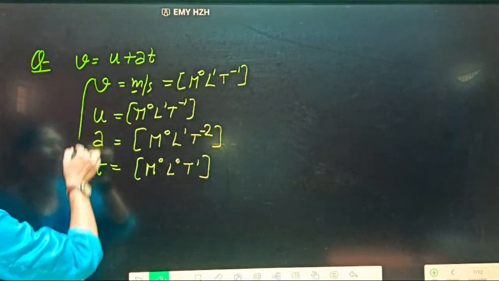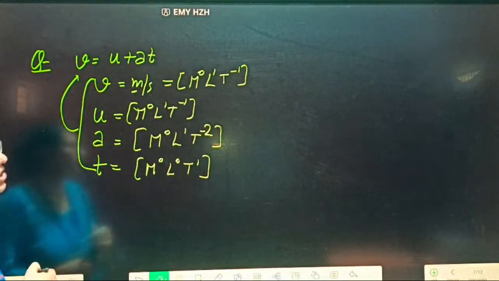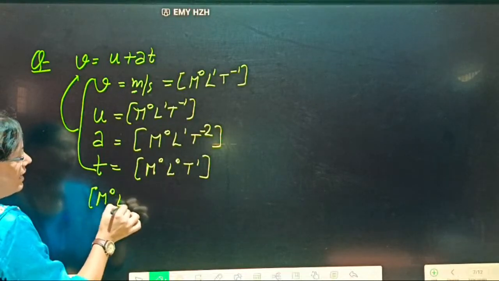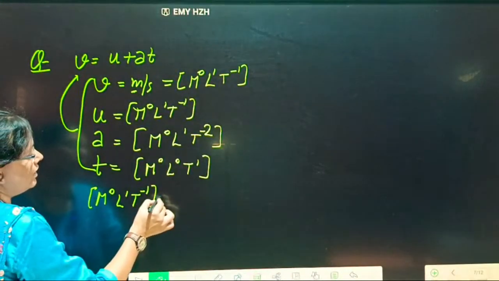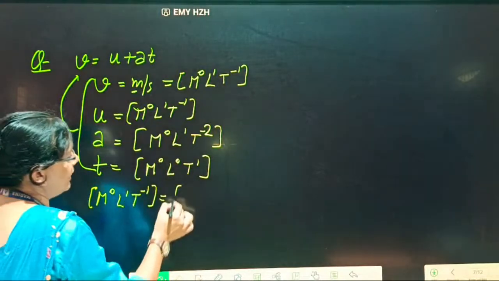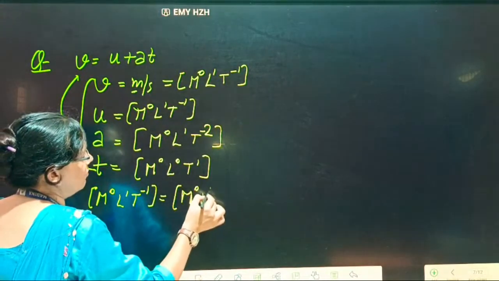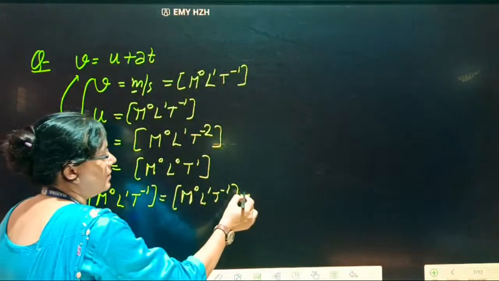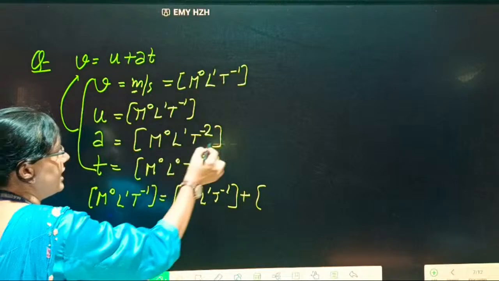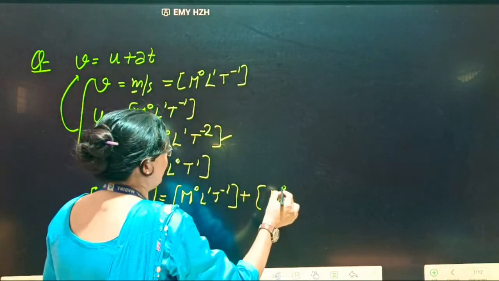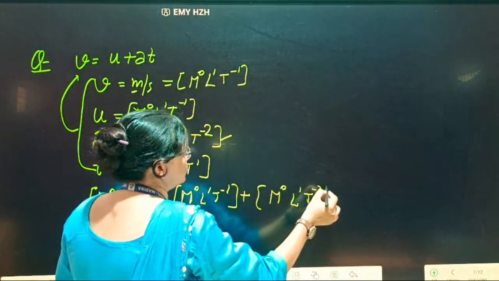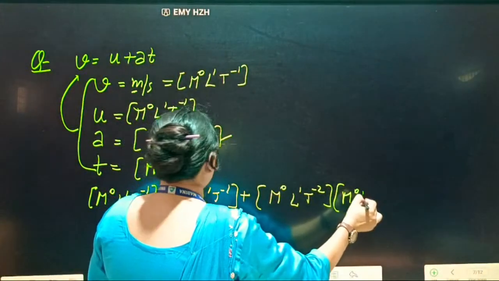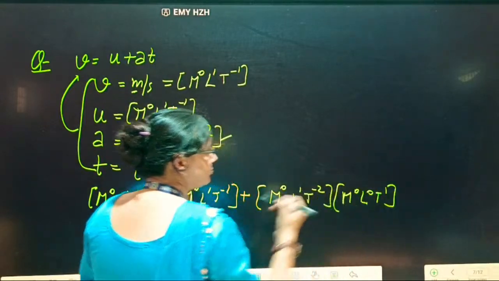Now put all the dimension formulas, all terms, in this equation. Here we can write M0 L1 T minus 1 equal to M0 L1 T minus 1, plus here for the acceleration, the dimension is this one, so write here M0 L1 T minus 2. Here for the time we can write M0 L0 T1.